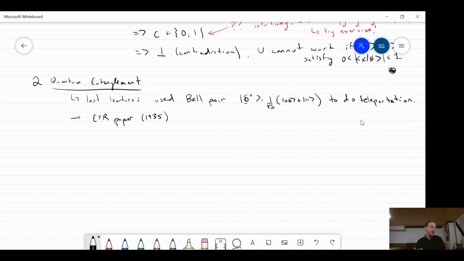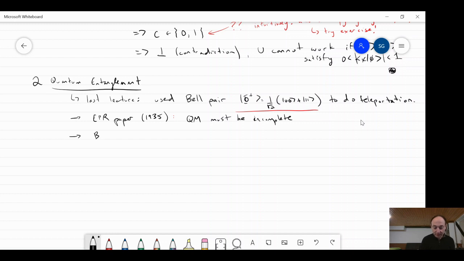Essentially the argument boils down to the fact that quantum mechanics predicts that states like this Bell pair should exist in nature, and Einstein, Podolsky, and Rosen did not like this. So the argument they put forth was that quantum mechanics must be incomplete.